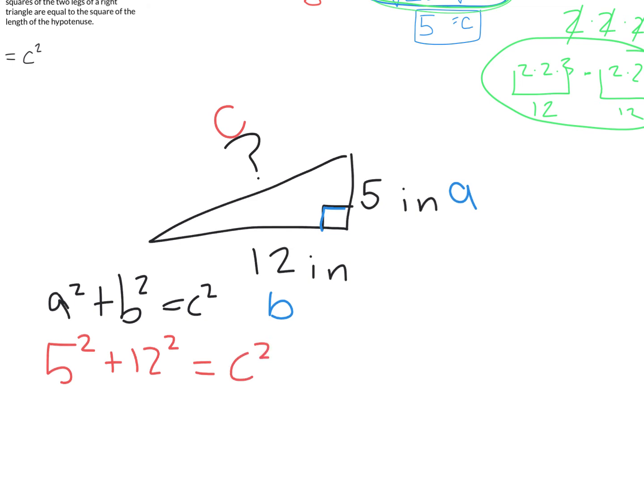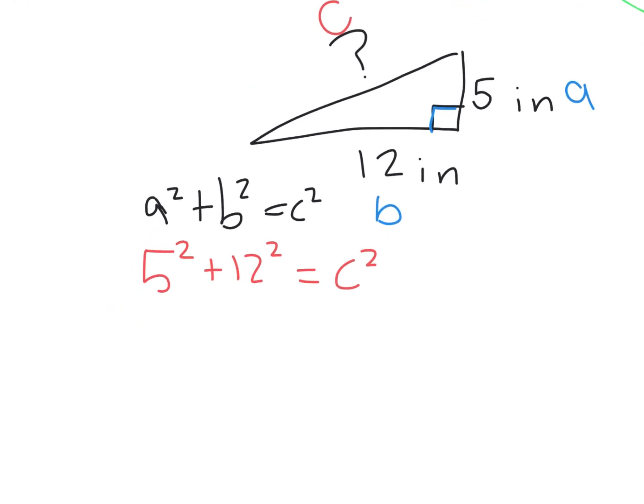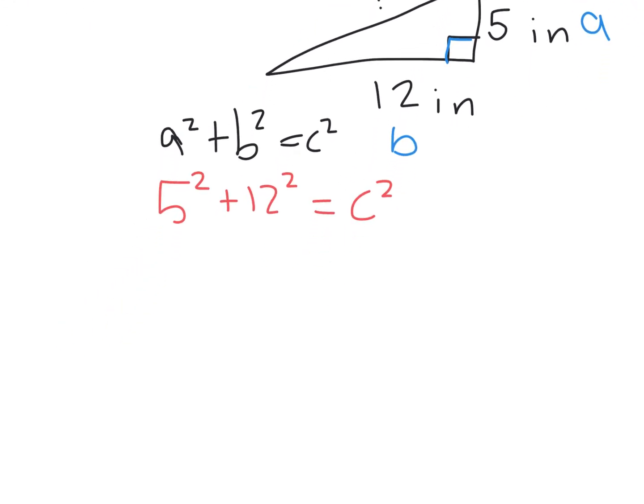Now, we're just going to follow order of operations and solve for C. 5 squared means 5 times 5, which is 25, plus 12 squared is 12 times 12, which is 144. Again, if you don't know that, you can type it into your calculator, 12 times 12, and that's going to be equal to C squared.